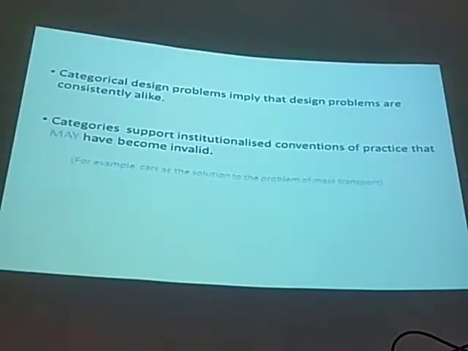Furthermore, it also implies that things haven't changed and contexts remain the same. An example of this is if we carry on designing cars just because that's what we've always done as car designers, where obviously it's a form of solution that, I think we can all attest, is not necessarily sustainable.